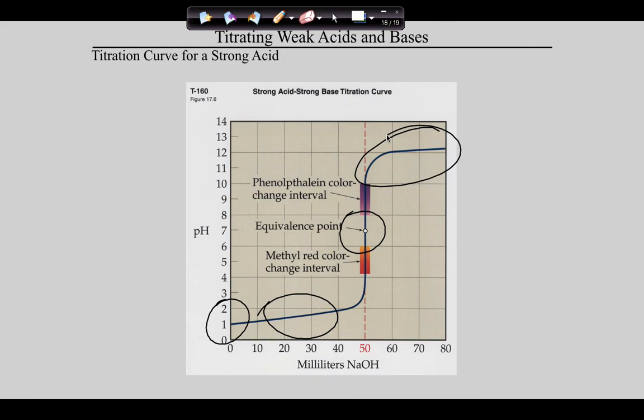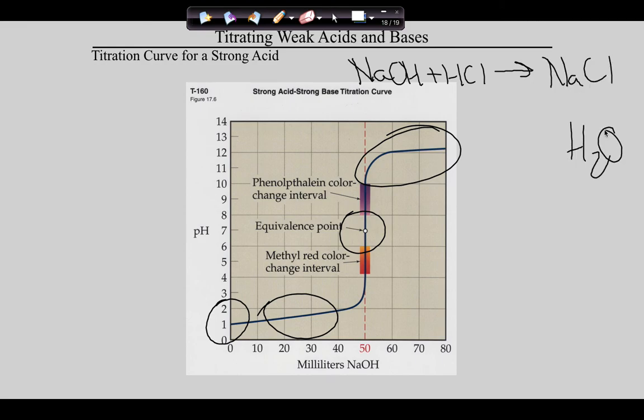In this particular example, if we're doing NaOH and HCl, our product is really salt and water. The salt is not reactive towards the water. It's pH 7. Then look at after equivalence. Does it make sense that it's the same as before equivalence? But now the difference is the unreacted ion that you have is from the titrant and not the thing that you're titrating. Does that sit okay in your brains?